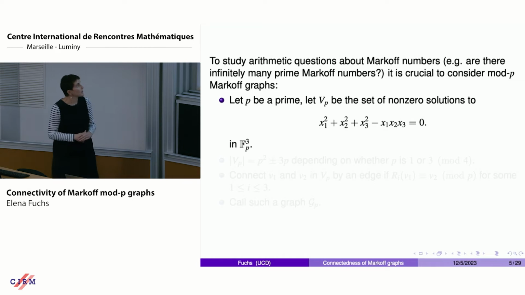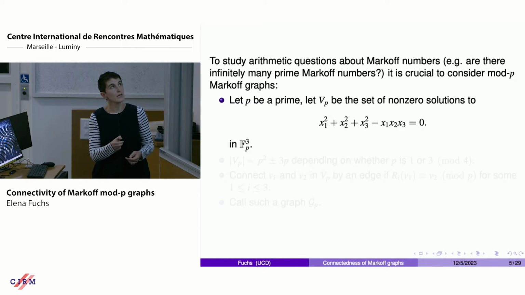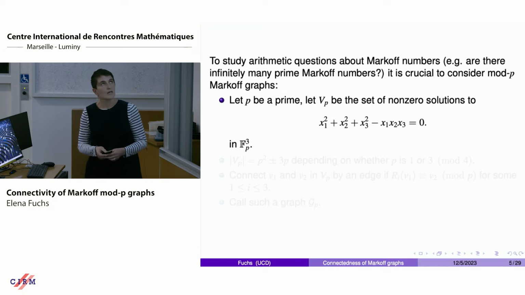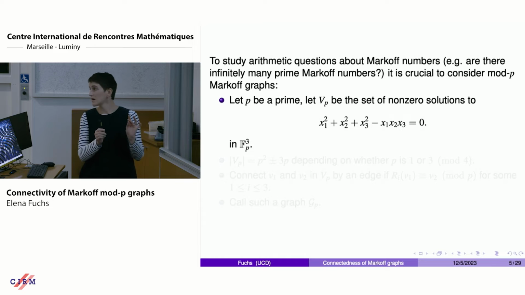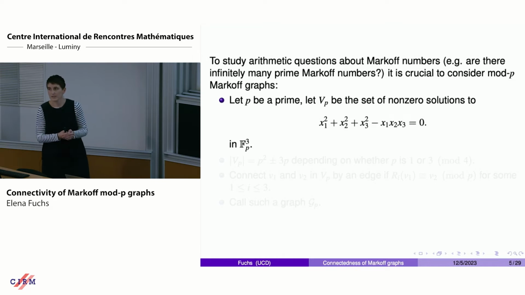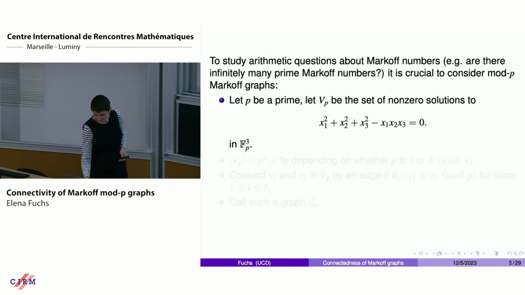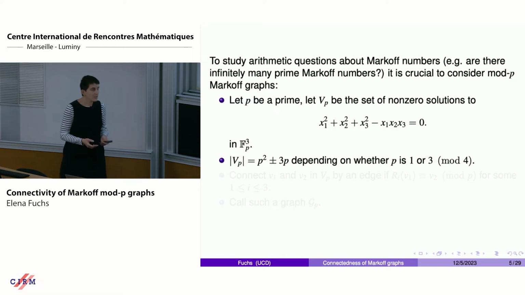Okay, so what are these Markoff mod p graphs? You take the Markoff equation and you look for solutions in F_p cubed, so mod p. And those solutions are going to represent the vertices of my graph. How many are there? Roughly p squared.